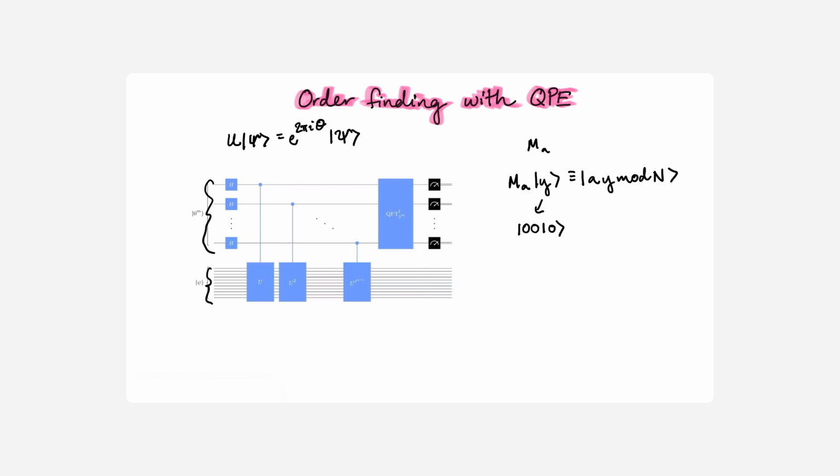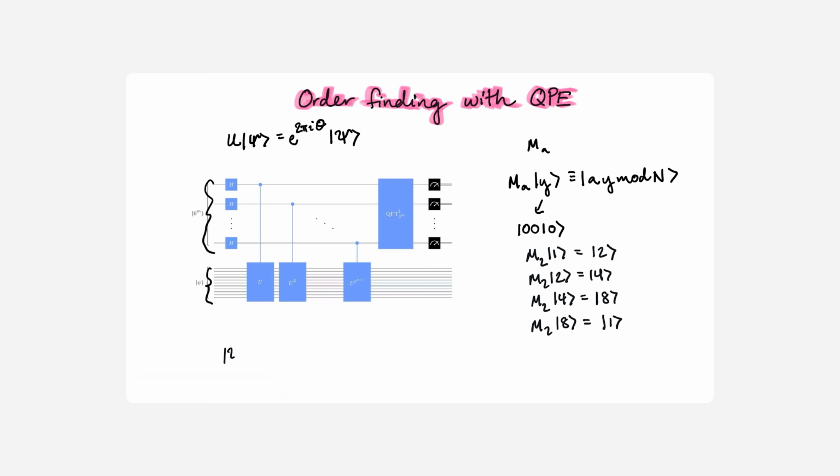So, for example, with a equals 2 and n equals 15, M sub 2 times 1 equals 2, M sub 2 times 2 equals 4, M sub 2 times 4 equals 8. M sub 2 times 8 is 16 mod 15, so we go back to 1. So after 4 applications, we're back where we started. So we know the order of 2 mod 15 is 4.